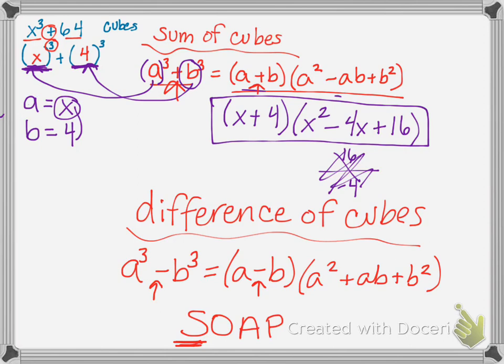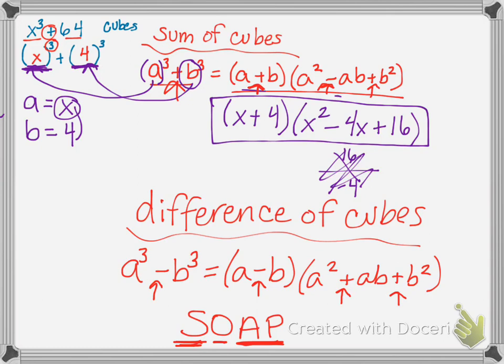So S means same. O means opposite. The very next sign is opposite. So if your first one was a subtraction, your second one is now addition. Up above, if your first one was addition, the second one is subtraction. And then AP means that the last sign is always positive. So if that helps you remember the signs, great.